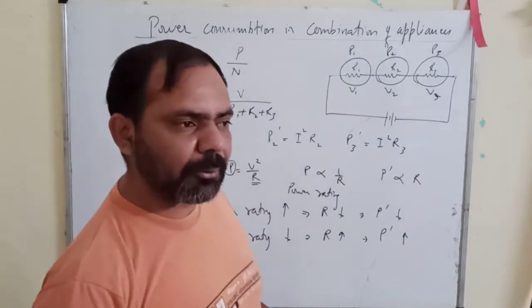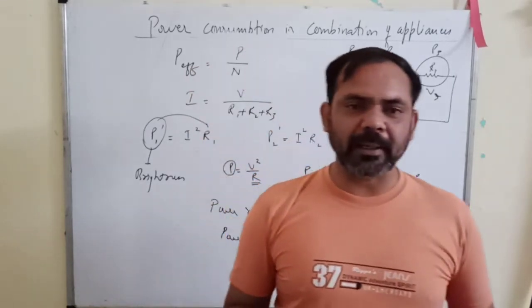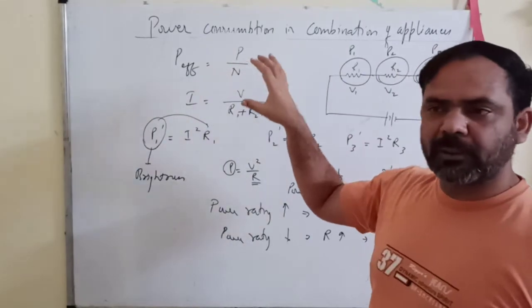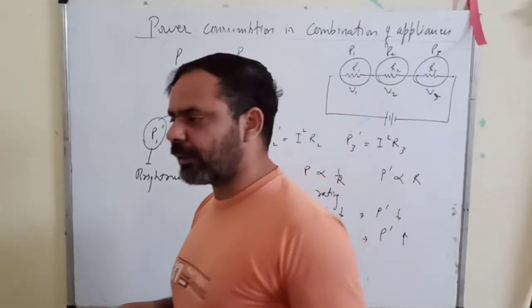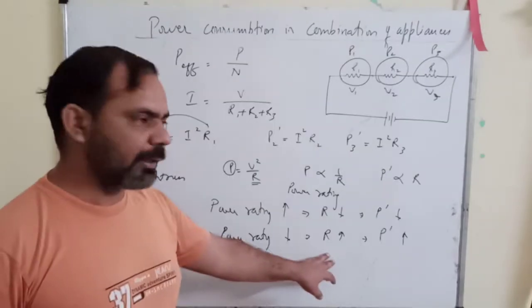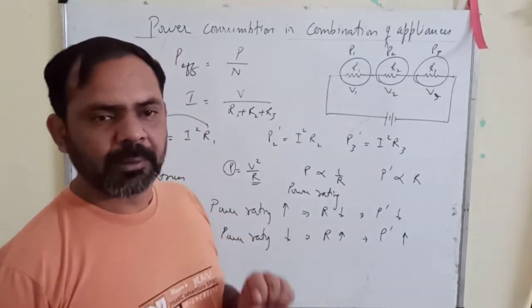Suppose you have a few bulbs connected in series. We are talking about the series combination. Then the bulb with the lowest power rating will have the highest resistance and will glow with maximum brightness.